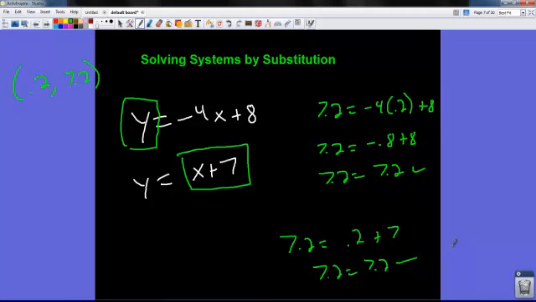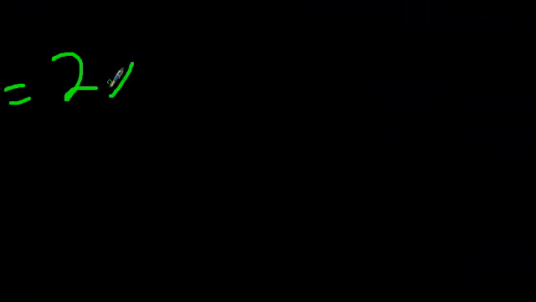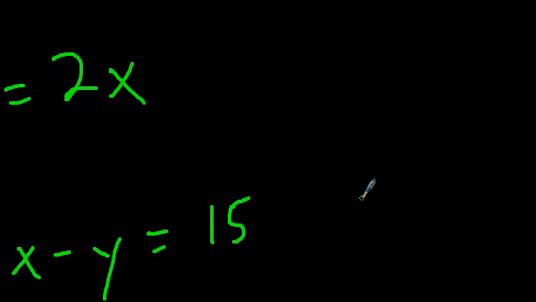Let's try a second one here. Y equals 2x, and 7x minus y equals 15. So again, you always have the choice to rearrange things if you want to. But this is pretty straightforward, I think. Replace this y with this value.